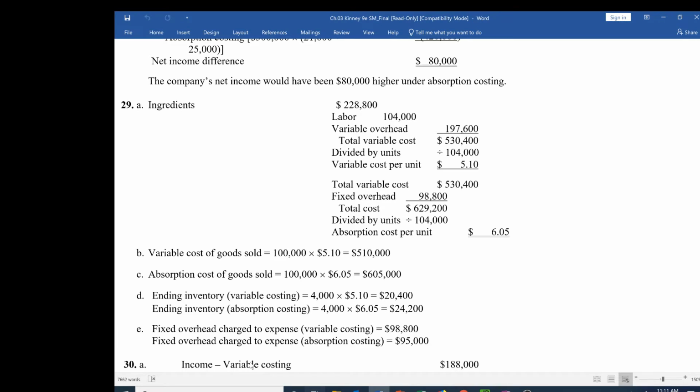So if you multiply the 510 times the number of units, of course you get 530,400,000. But if you add the fixed overhead to your variable cost, you've got total cost of 629. So that's 605 absorption cost per unit.